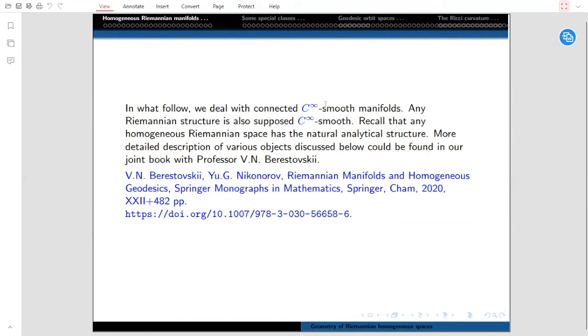C infinity smooth is more or less, how to say, a geometric assumption, but analytic is, I don't know, maybe not so geometric. But in our case, in the case of a homogeneous Riemannian manifold, we have this a posteriori.